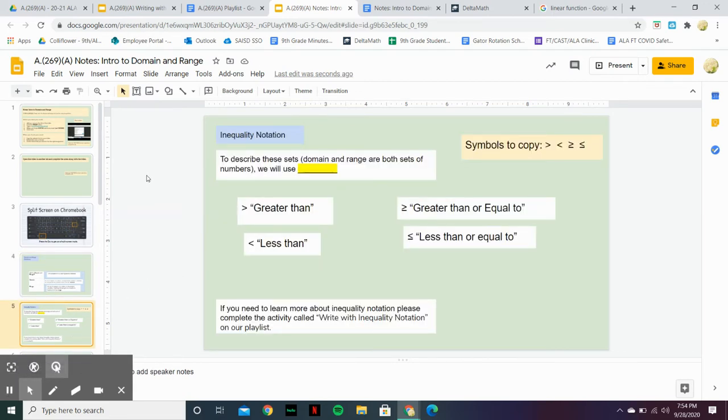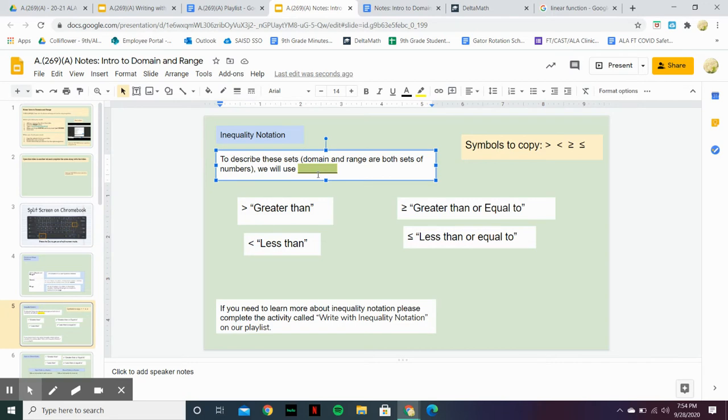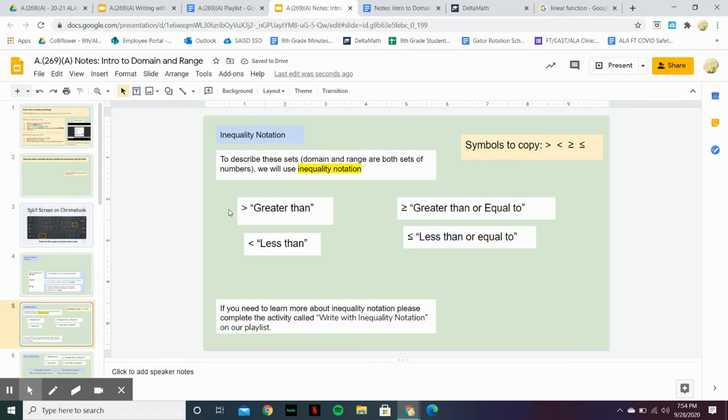Now, when we are describing these sets, again, domain and range are both sets of numbers, we're going to use what is called inequality notation. So inequality symbols that we have are greater than, less than, greater than or equal to, or less than or equal to.